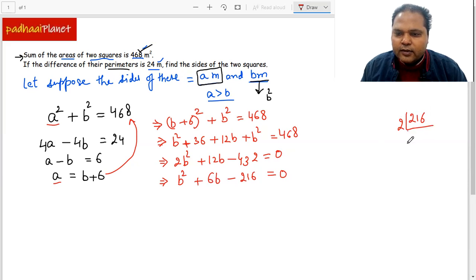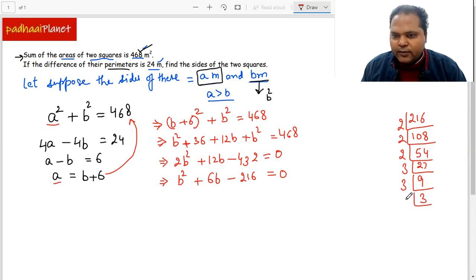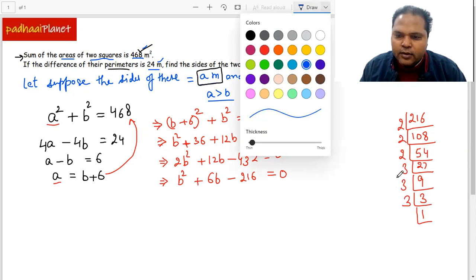So if we carefully do this, let's factorize 216. That's 108, then 54, and then we further divide it by 2, so we get 27. Then we have 3, that's 9, and we have 3, then 3, and finally 3 and 1, right? Now let's just make the combinations.